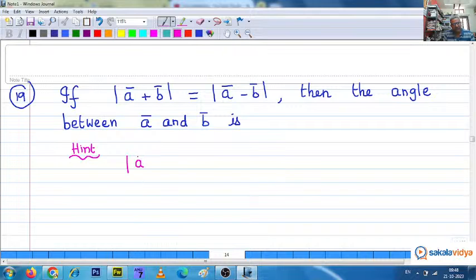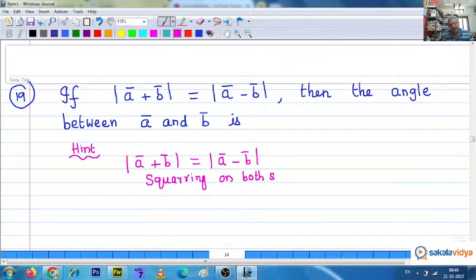So modulus of A bar plus B bar equals modulus of A bar minus B bar. Squaring on both sides, what do you get? Modulus of A bar plus B bar whole square equals modulus of A bar minus B bar whole square.